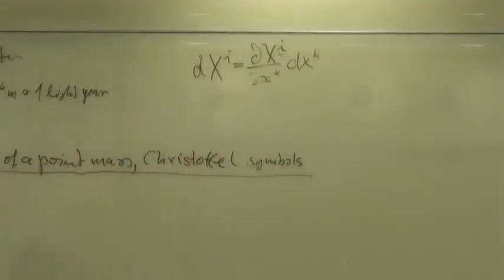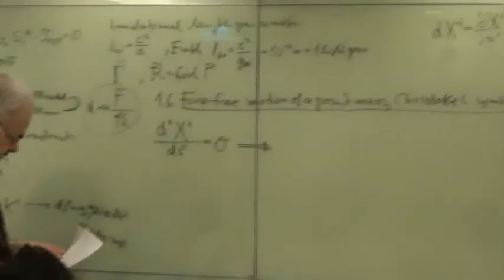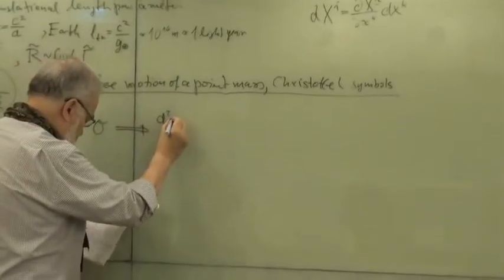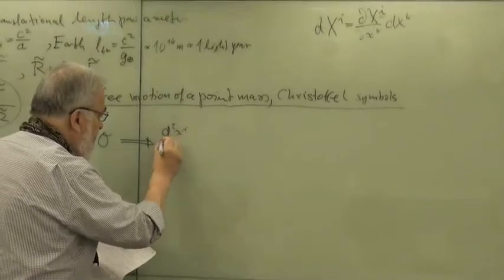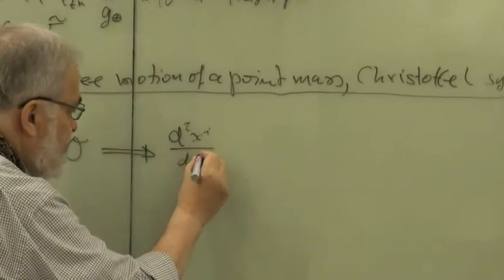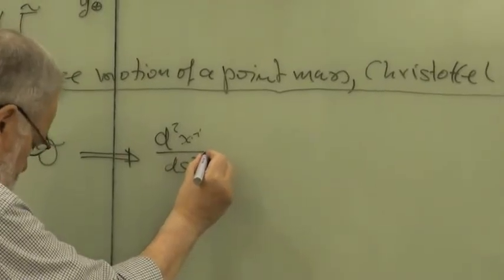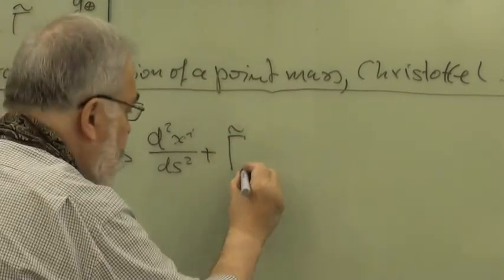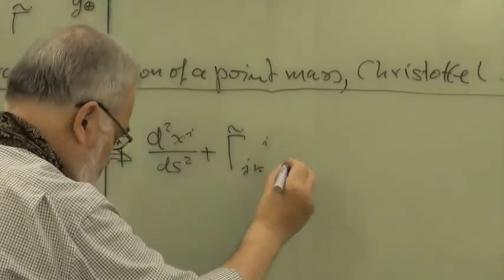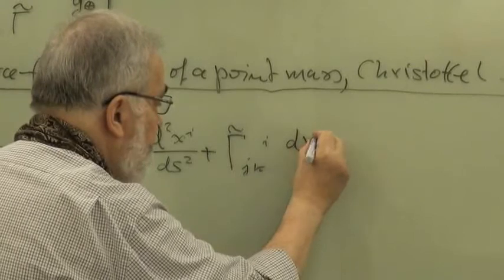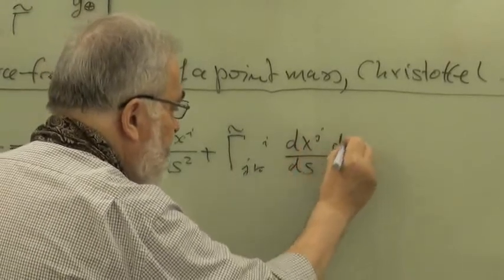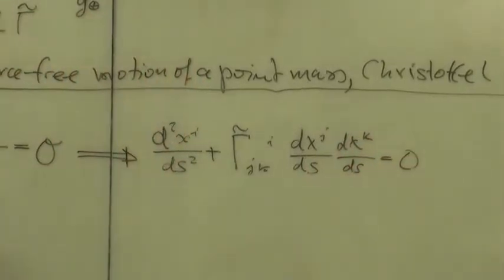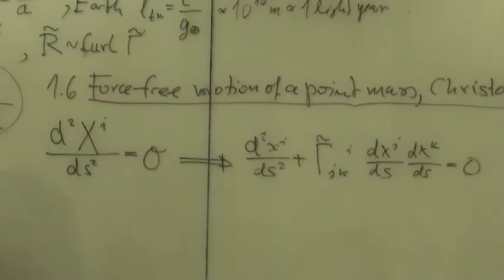We introduce this into the equation, spell it out and make this transformation. Then you find that d squared x^i over ds squared, where ds is the line element, plus the so-called Christoffel symbols, gamma-twiddle^i_jk, times dx^j over ds times dx^k over ds, is equal to 0. This is the same equation, just written in new coordinates.